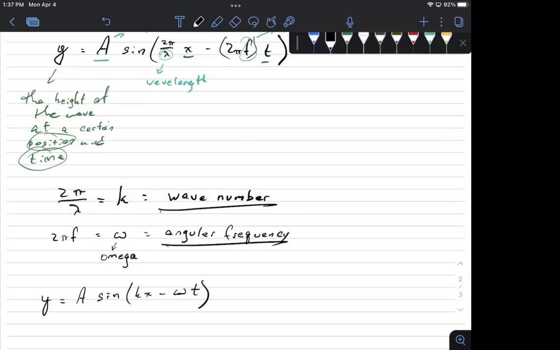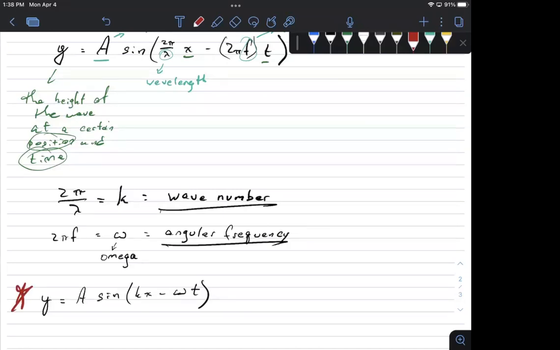So in my brain, I always associate wave number with wavelength, and of course, angular frequency is frequency. It's just a little different. It's not exactly the same number. You have to do some stuff to it, but when you see wave number, you can think something like wavelength. So there we go. There's our big equation of a wave.